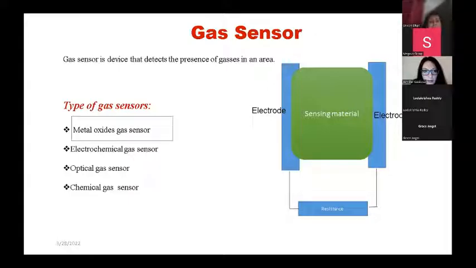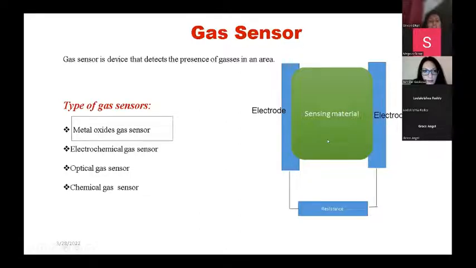But in this work, I am going to discuss the chemi-resistive gas sensor, or metal oxide gas sensor. The basic concept is, first we take two electrodes of any material, maybe gold, maybe aluminium, maybe silver. Then on that we deposit our sensing material, and this electrode is connected to a multimeter, which shows the change in resistance with respect to time when we put the sensing material in a particular gas.